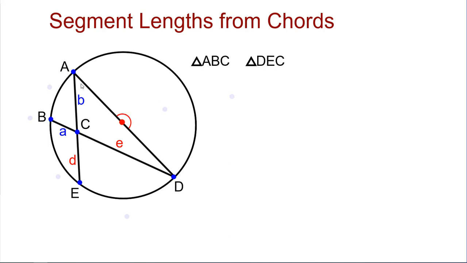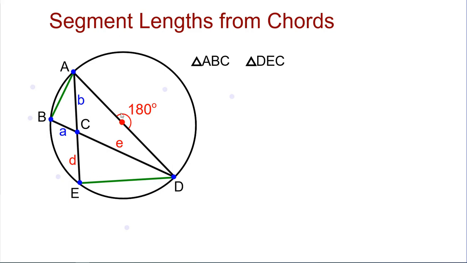So this angle here, special about these two chords, is that they end on a diameter, meaning this angle has to be 180 degrees. Well, if we look closely at this, if we connect point B and point A, and then we connect D and E here, what do we know about the angle B and the angle E?